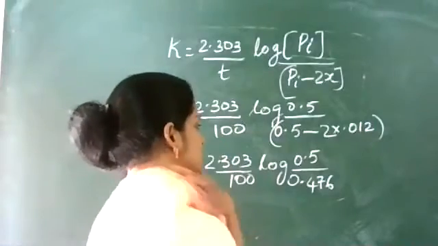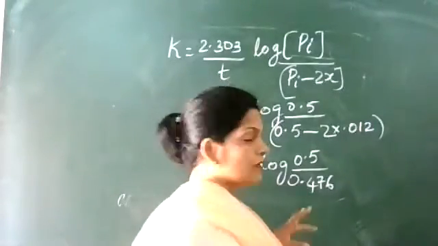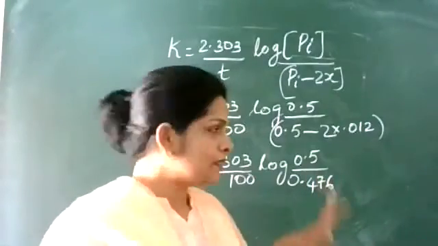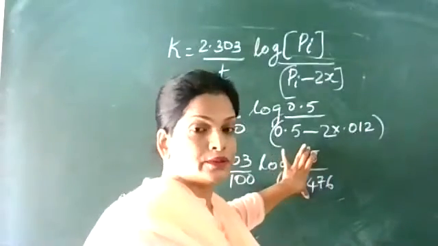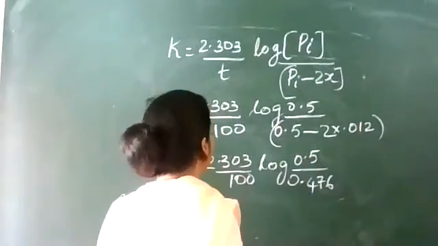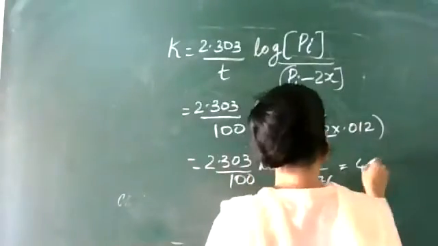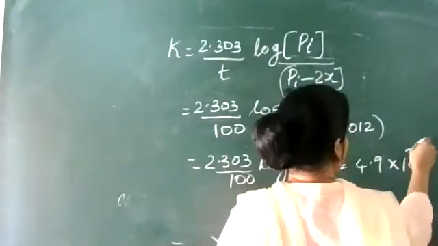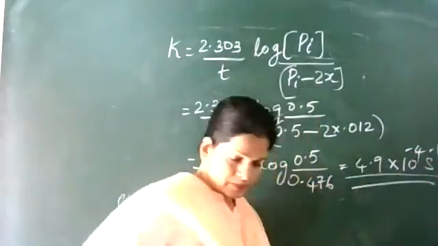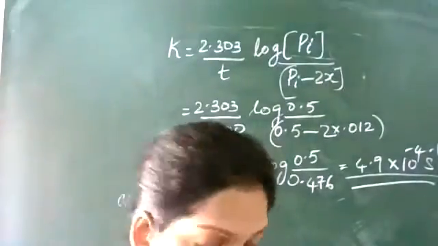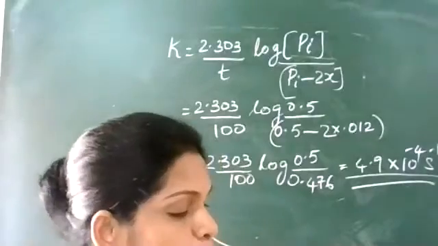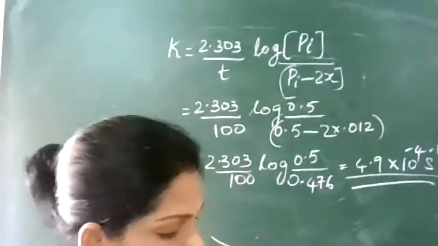Nowadays, if the logarithm table is not provided in the board examination, they give these values directly in the question. K is equal to 4.9 into 10 to the power minus 4 per second. That is the answer.